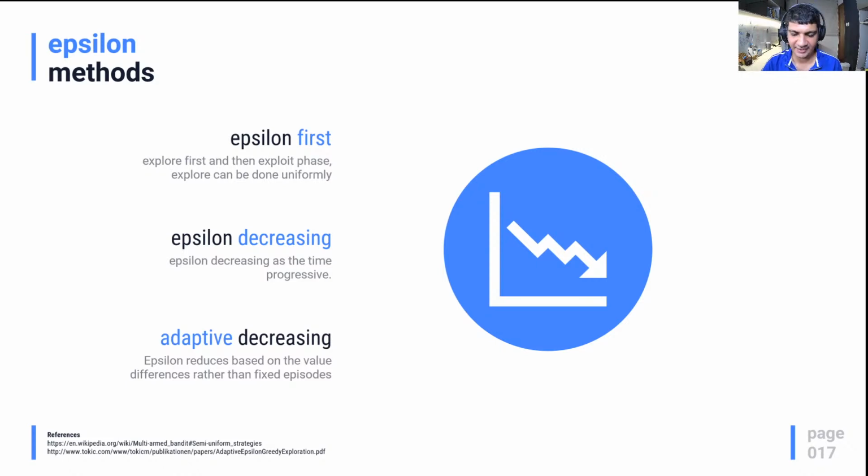Rather than having fixed episodes where you say that at time t, I'm going to decrease my epsilon by half, and at time 20 again decrease it by half, all of that doesn't need to happen. You make a call based on what you have learned so far, and on that basis you may or may not decrease your value of epsilon. The concepts are very similar if you're familiar with Q-learning, which is an idea in reinforcement learning. It is the same thought process behind that.